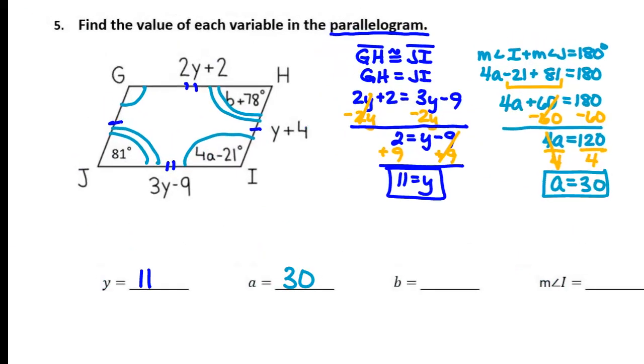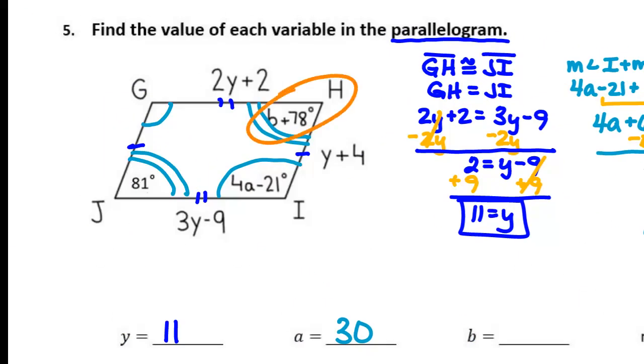To find B, what is the relationship between these two angles? What is the relationship between H and J? They're congruent.